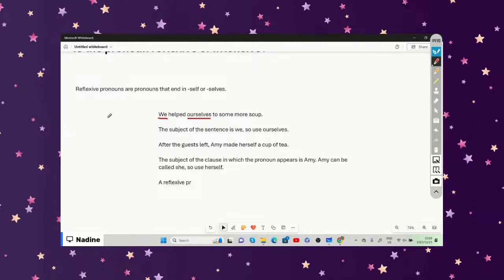The subject in the sentence is we, and the reflexive pronoun is ourselves. So if we say we, then we use ourselves. We helped ourselves to some more soup.